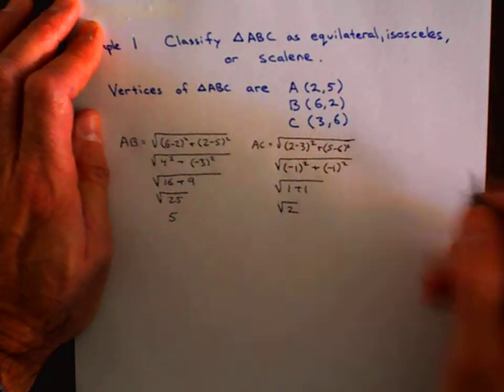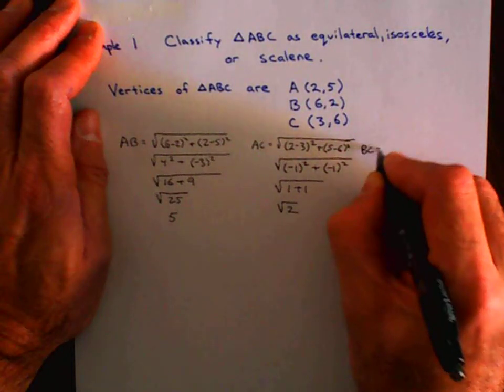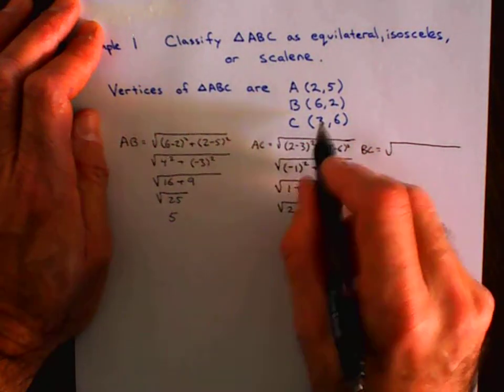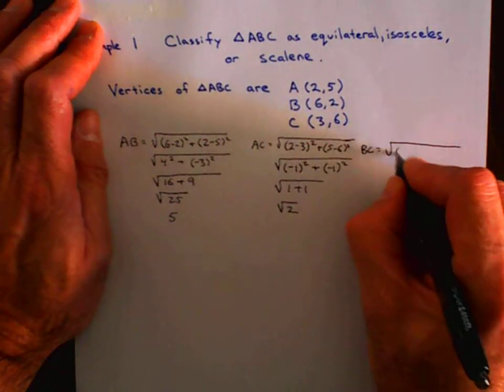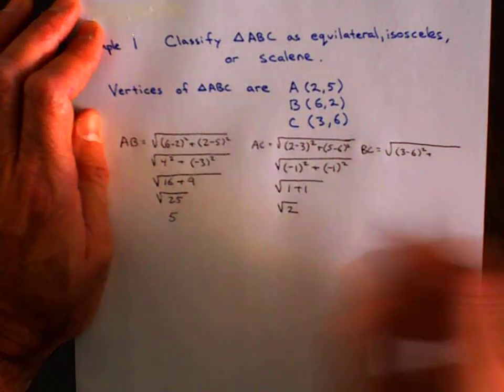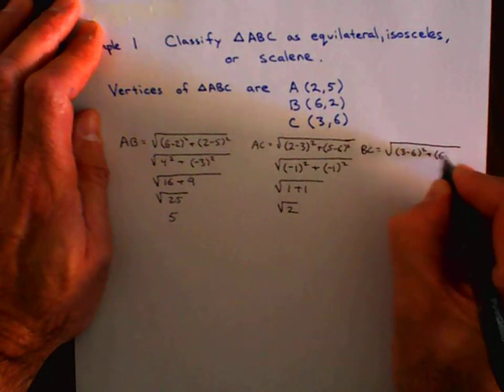And then my last one, I have BC. It's going to equal the square root of (3 minus 6) squared plus (6 minus 2) squared.